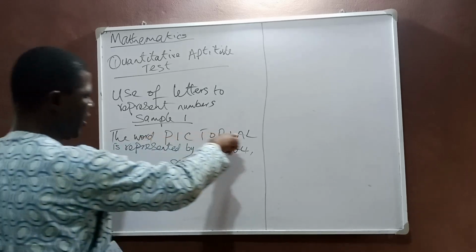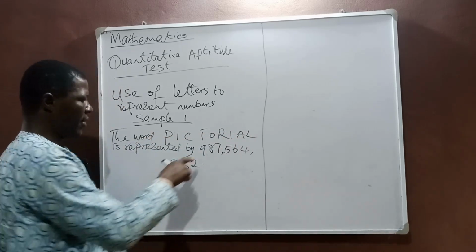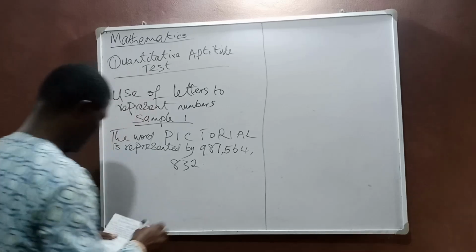This word here, pictorial, is represented by these 9-digit numbers.